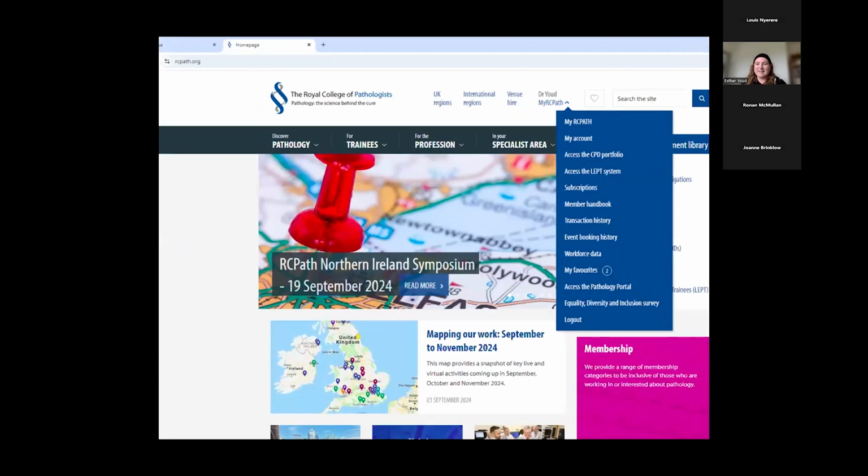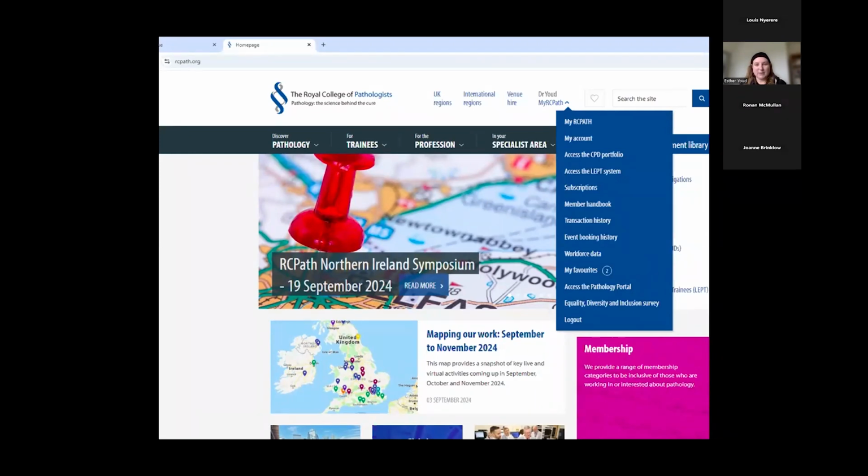The other thing to say is that you can actually log on directly from your Royal College of Pathologists account on the RCPath website. So there is a function to be able to link your login from the Royal College of Pathologists to your login on the Learning Hub, and it means that you just have to sign in once rather than having to sign in multiple times on multiple platforms.